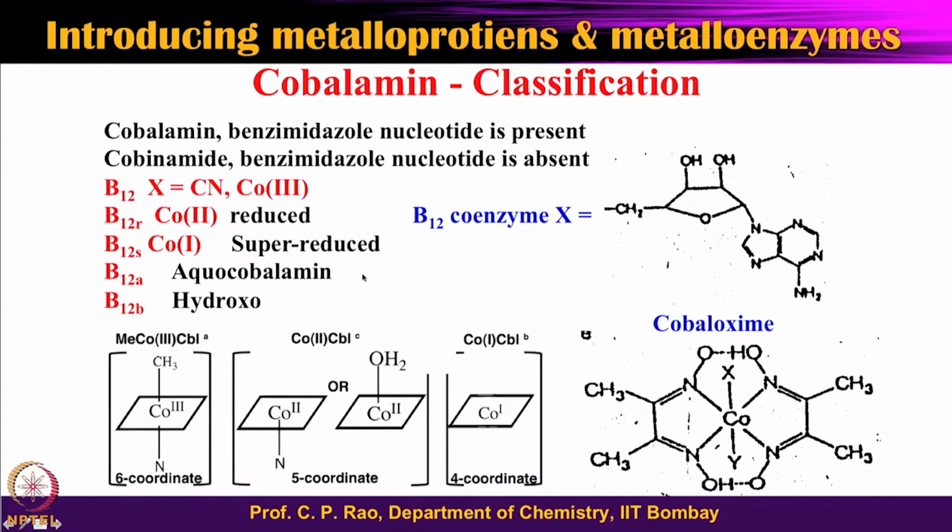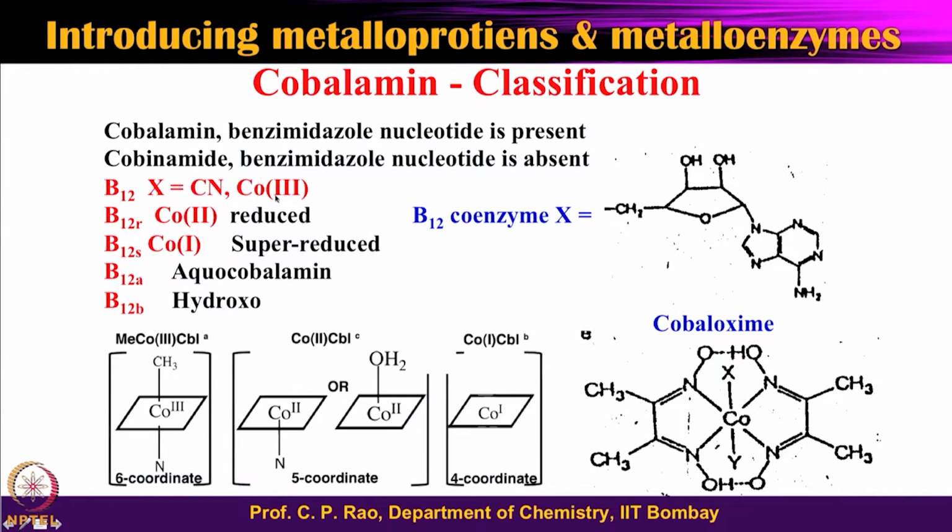When you have water, it is called B12 aquo. When you have hydroxo, it is called hydroxycobalamin. This is B12a, B12b, and B12r is cobalt 2, B12s is super-reduced cobalt 1. B12 is cobalt 3.